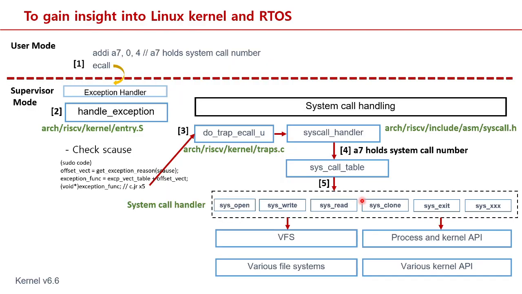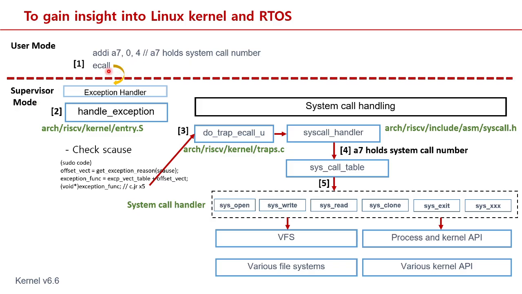This diagram shows you how the user mode can interact with the supervisor mode. And if you look at this diagram from the Linux kernel perspective, this is the interface between user space and the kernel space. So if the ecall instruction is performed in the user mode and trap happens, the control is moved to the supervisor mode.